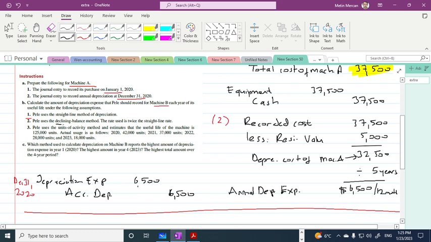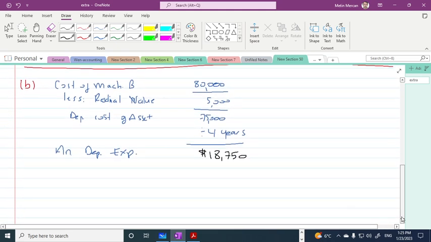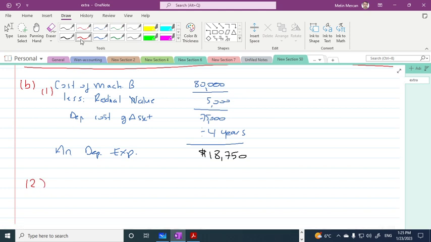And B2. Pele uses the declining balance method. The rate used is twice the straight line rate, as you know. So this is 1 and this is 2. In this case, what we need to do here is find the year.